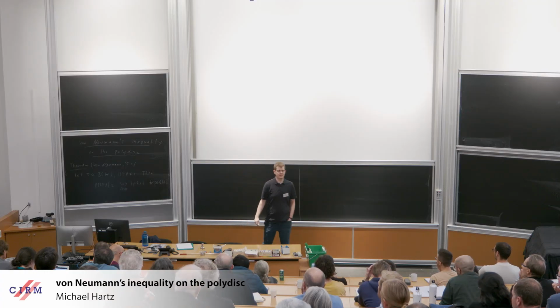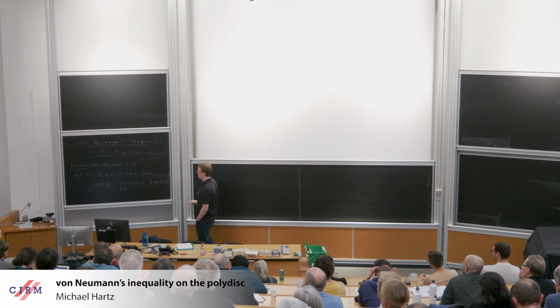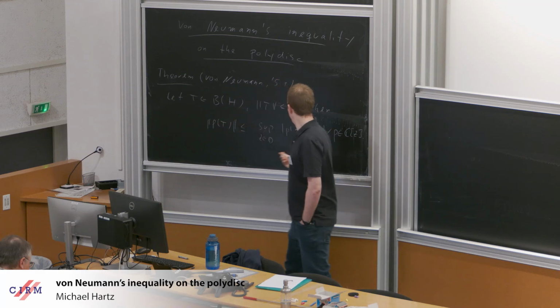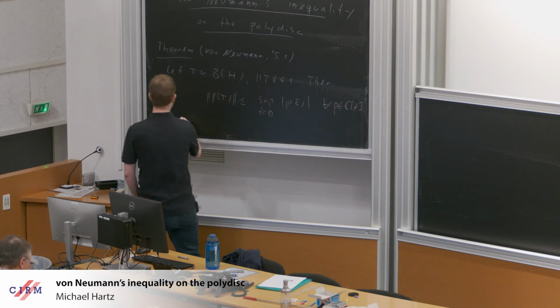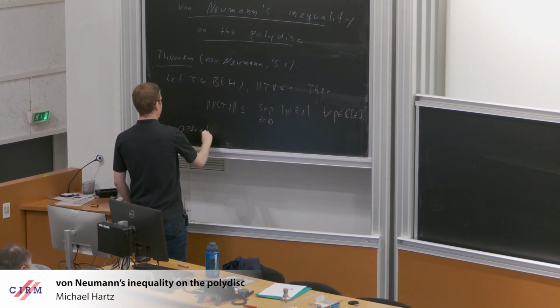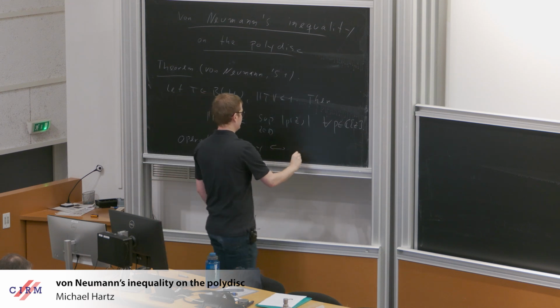And as many of you know, this is sort of a fundamental connection between operator theory and Hilbert space and complex analysis on the unit disk. Right? So we have this bridge between operator theory and complex analysis.